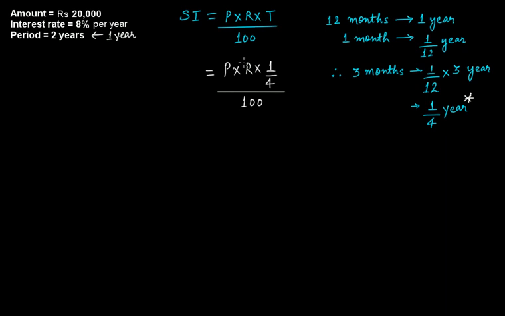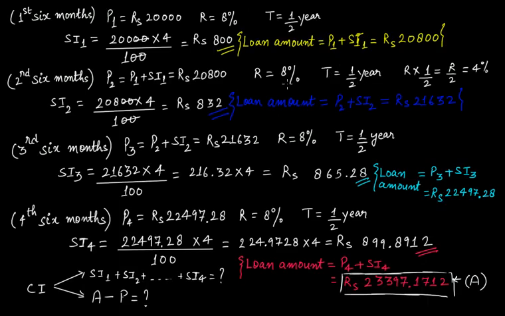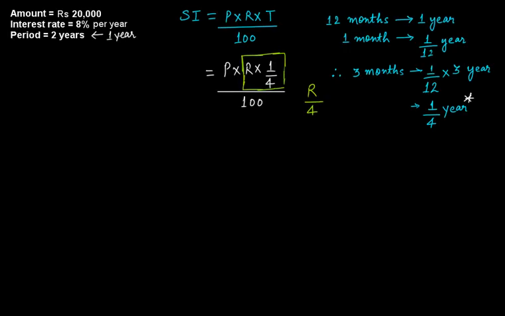Now if you look at this one, you can clearly see that this is actually equal to R by 4. That is, in the case of interest rate being compounded quarterly, your interest is becoming 1/4. In the case of semi-annually, if you remember, we discussed that it was actually 1 by 2. It was getting halved. But in the case of quarterly, it's becoming 1/4.